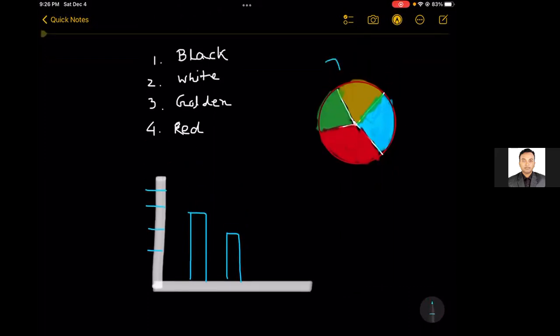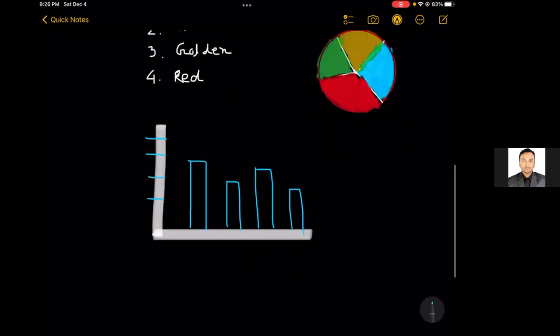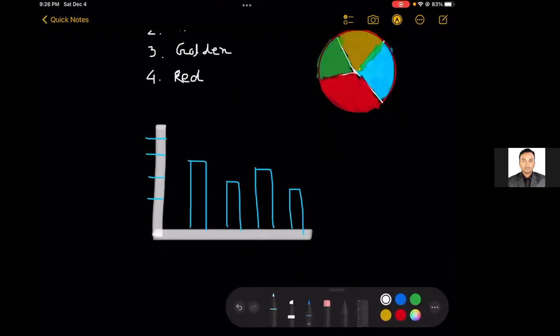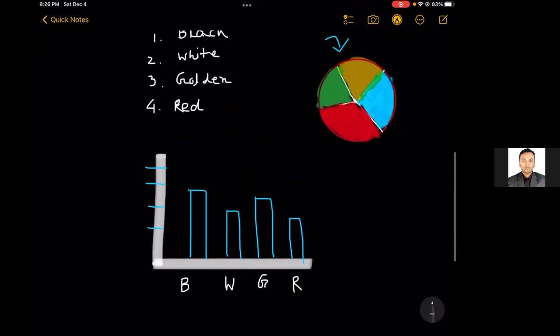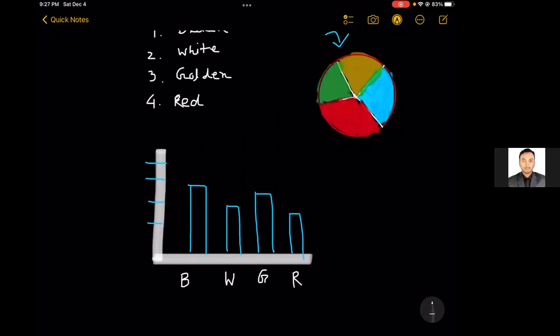Obviously, these also depend on the number of students we have. But I'm trying to say that we can actually draw graphs like this and say that this is black, this is white, golden, red. We can draw a bar graph like this for categorical data, right? We can clearly do that.